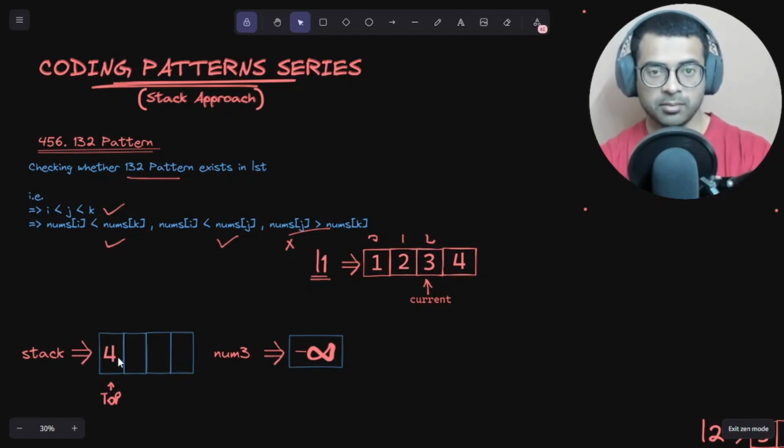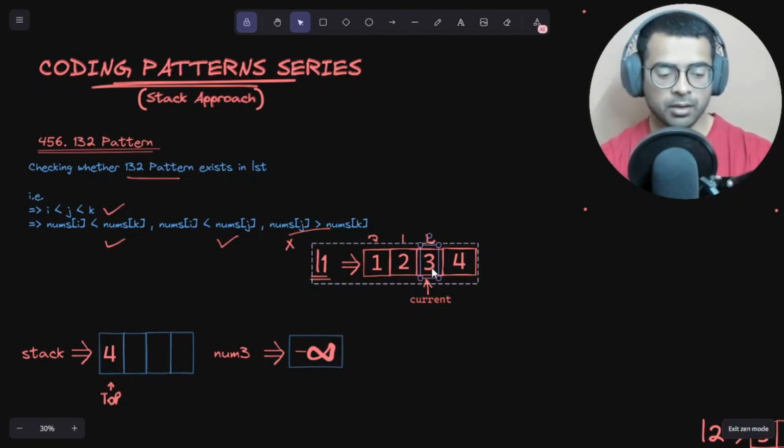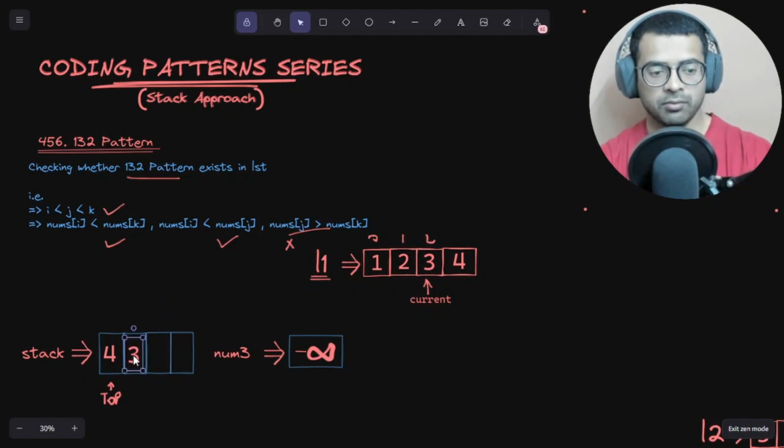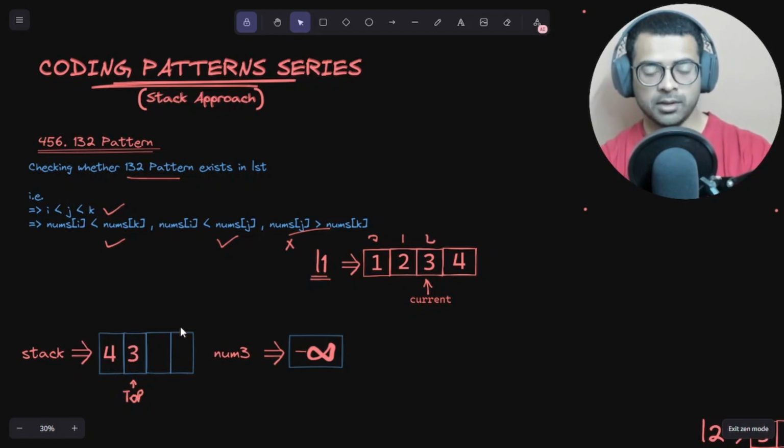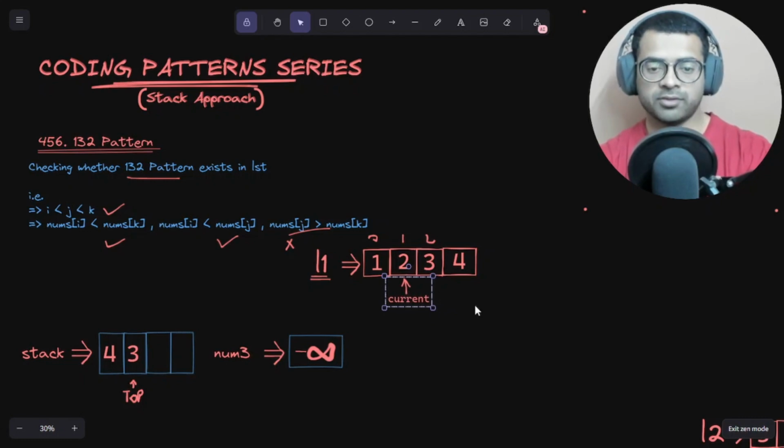No, our stack is not empty. Good. Then we will check whether the value at top is smaller than the value current is pointing towards. Oops, no, 4 is greater than 3. So we will simply copy this 3 and append it to our stack, and our top position will be pointing to this 3.